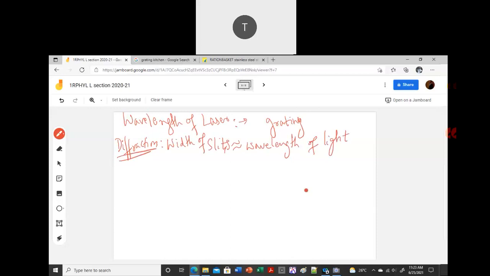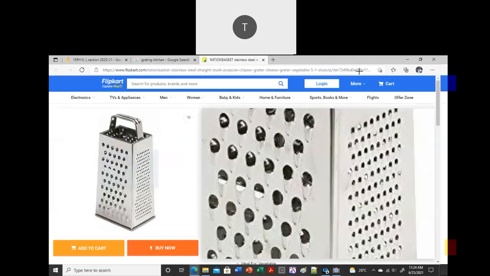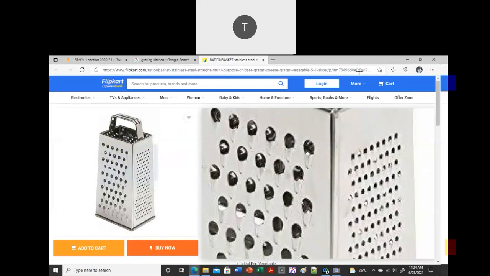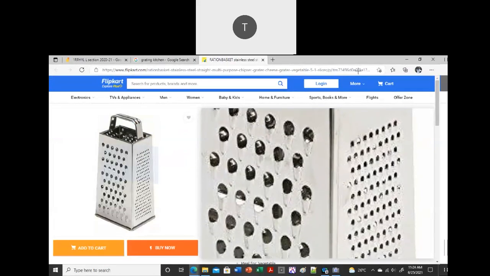If you take a slit which is very big, like if I use this kitchen grating and try to do the diffraction, this hole will be almost 0.1 millimeter.